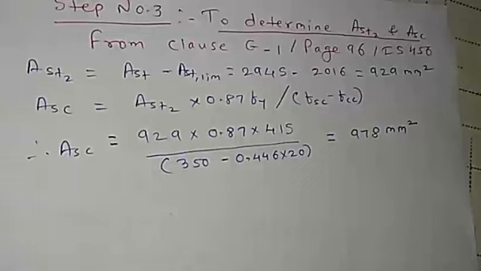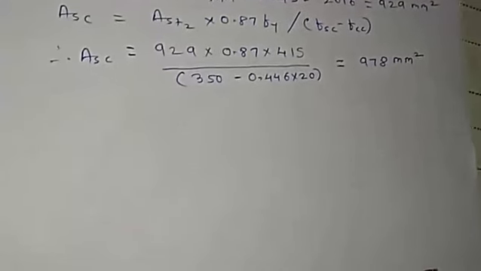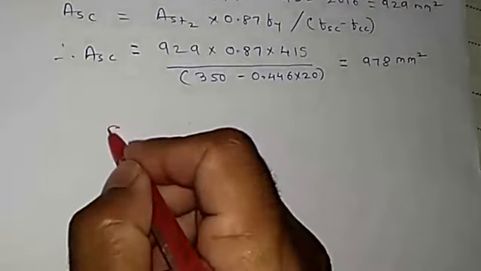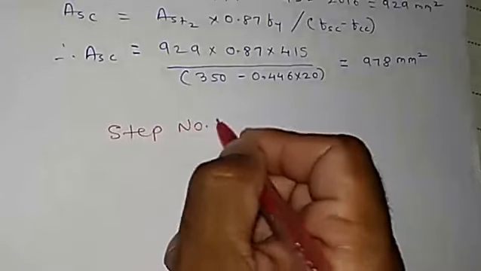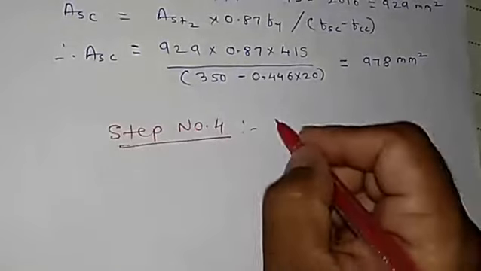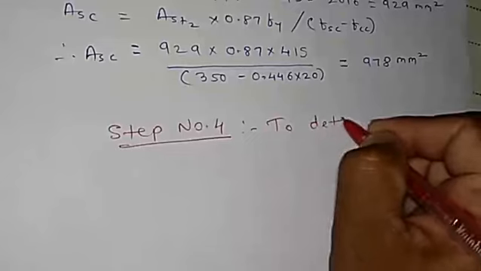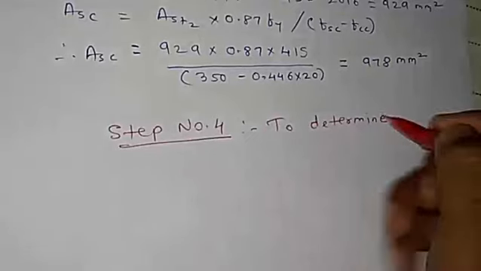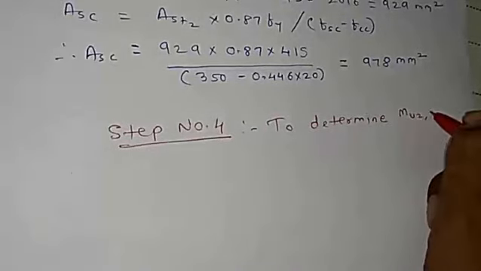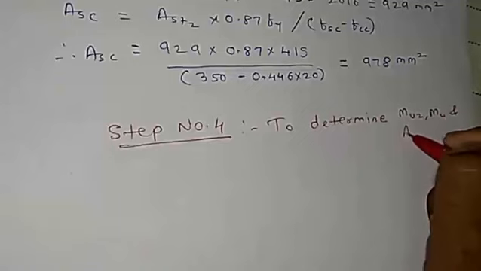Now we'll move toward step number 4, which is to determine Mu2, Mu and Ast.